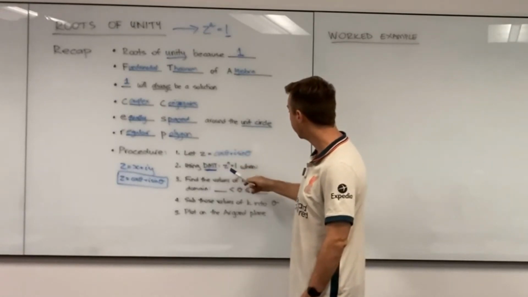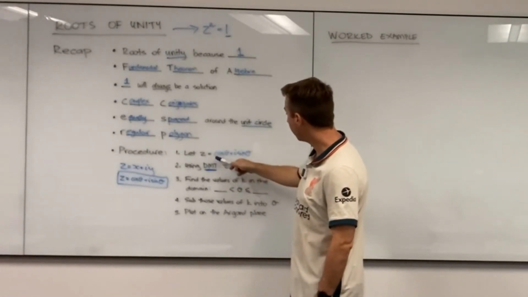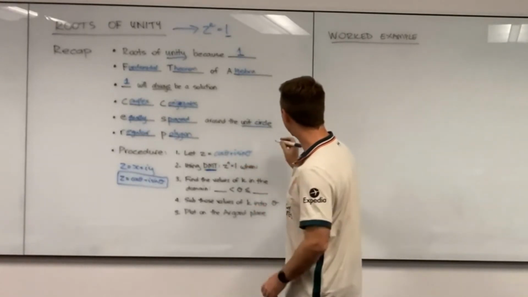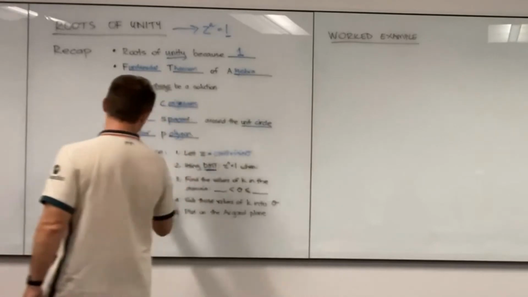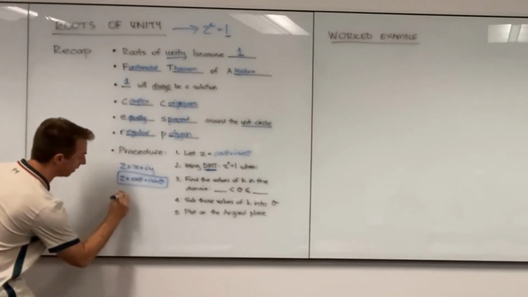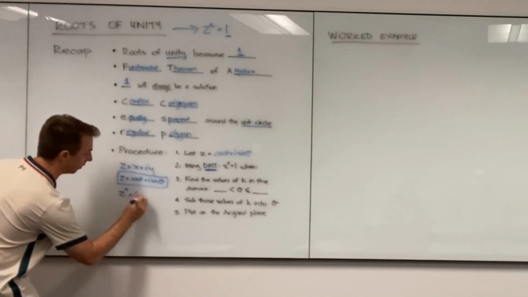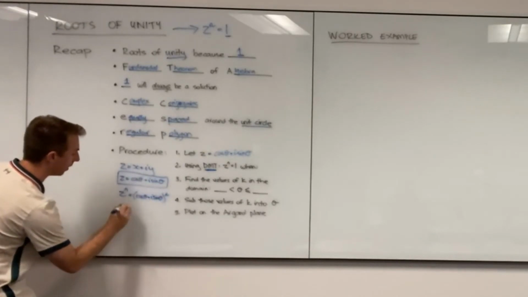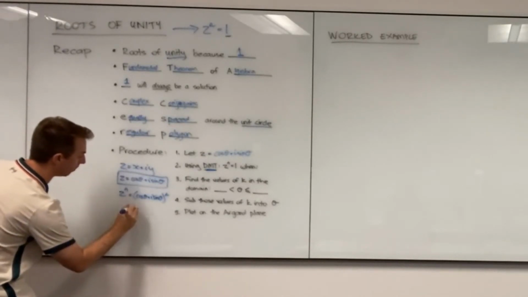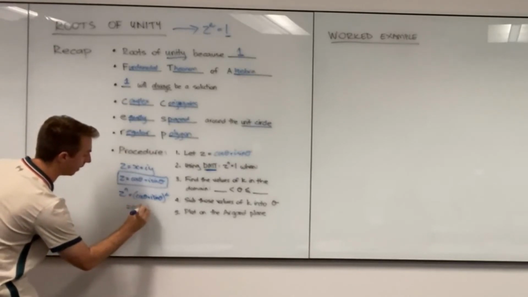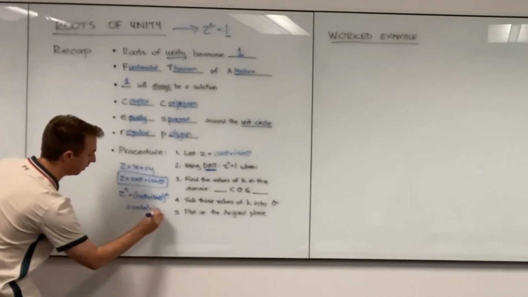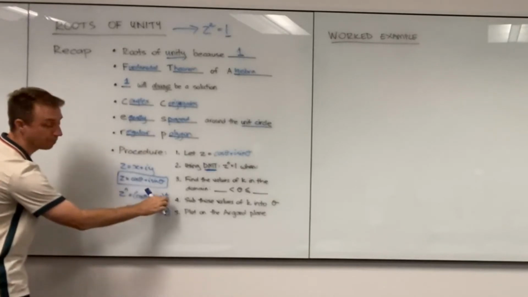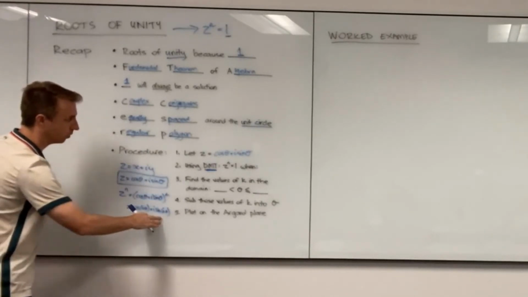We proved that when we have our mod arg form, with z to the power of n equal to 1, z to the n would be cos theta plus i sine theta to the n. And according to De Moivre's theorem, we can therefore say that's cos n theta plus i sine n theta. So we bring the power into the angles.